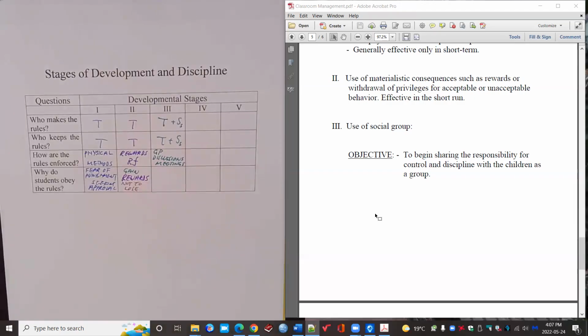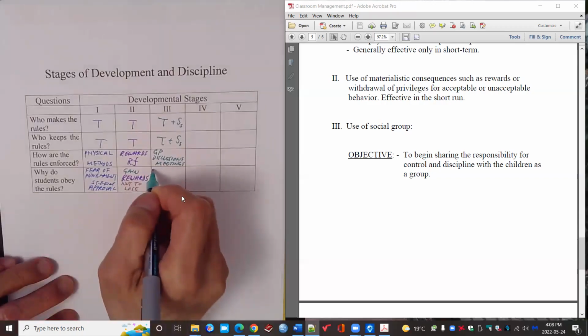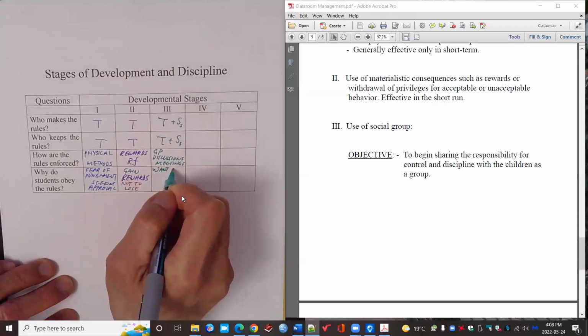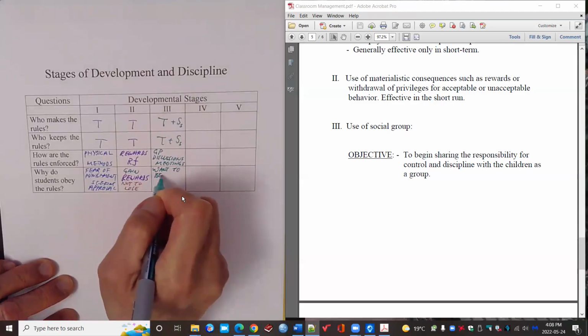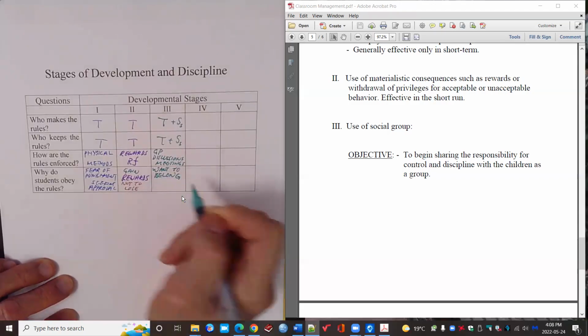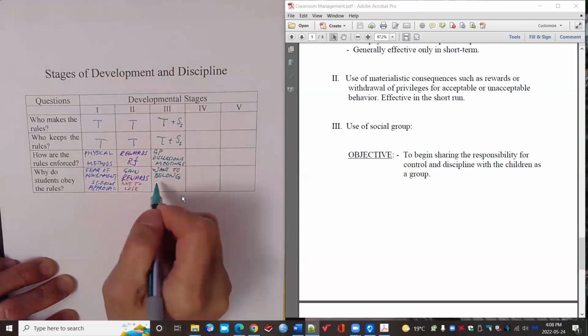Because the whole group is involved, right? All right. Good. Why do students obey the rules? Of course, here the students want to stay in the class as a group. That is a social conformity to avoid being isolated, right? So I want to belong to the group, right?